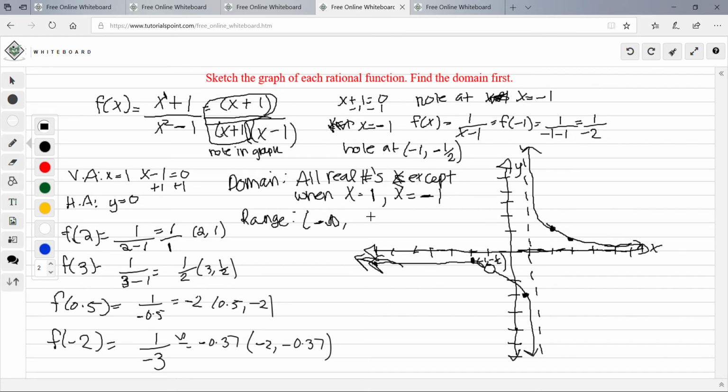So it's going to be from -infinity to -1/2, union, and then it'll get really close to 0 because that is our horizontal asymptote. So it's going to be -1/2 to 0, union 0 to positive infinity.